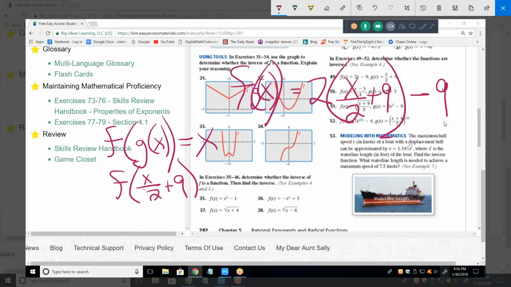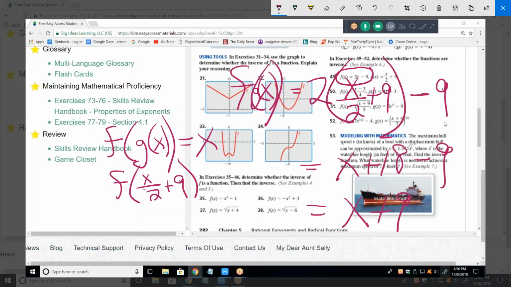All I've done is take the f of x function, and wherever I find x, I plug in g of x. Now, if you do the math here, you get x plus 18 minus 9, which is x plus 9.